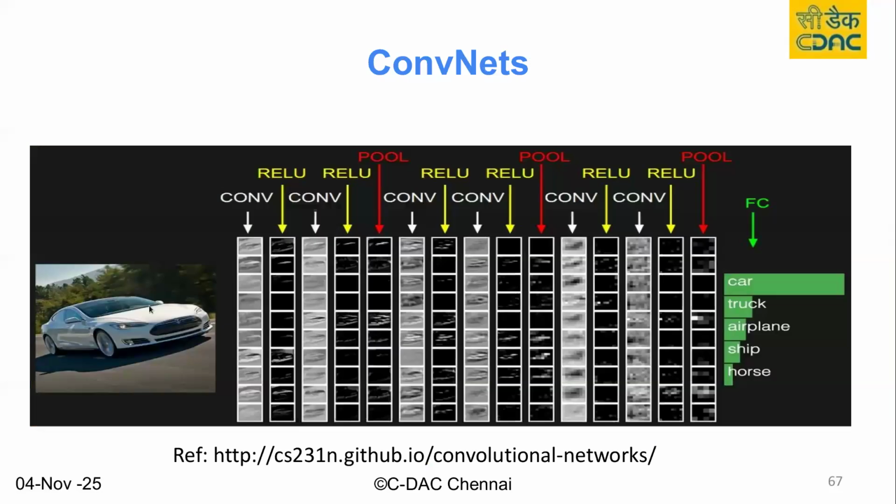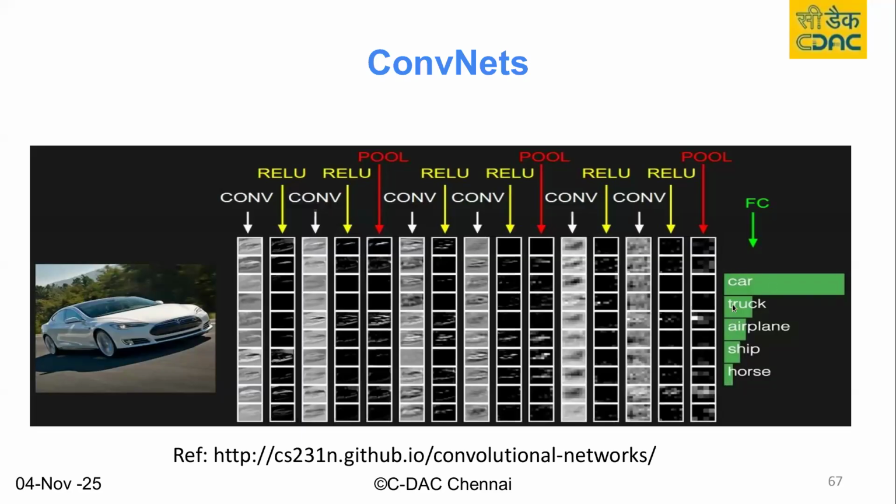So in the testing phase, we will input a car image. After the convolution and max pooling operations, you will get a probability for the car neuron of 95 percent, and for other neurons, truck will be 0.25 percent. Airplane probability will be 5 percent. Ship probability will be 2 percent. Horse race probability will be 0.5 percent, something like that.